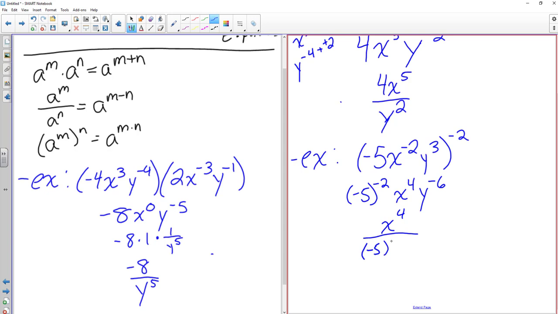It's still negative 5 base, but the exponent changes from negative 2 to a positive 2. And then y to the negative 6, this will change to y to the 6th. So now one more step, I can simplify and do negative 5 squared, which is a positive 25, and then y to the 6th. So x to the 4th over 25y to the 6th.